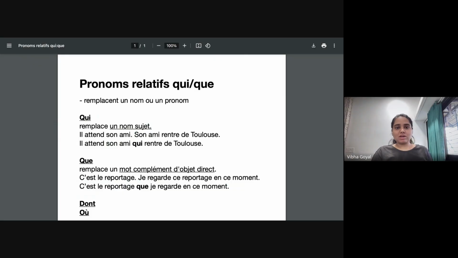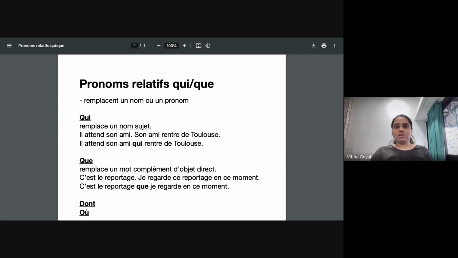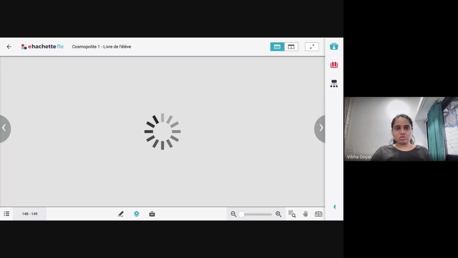This is one very important thing: after QUI, it's a verb, and after QUE, it's a subject. What we will do is look at our textbook and do the activities from it.